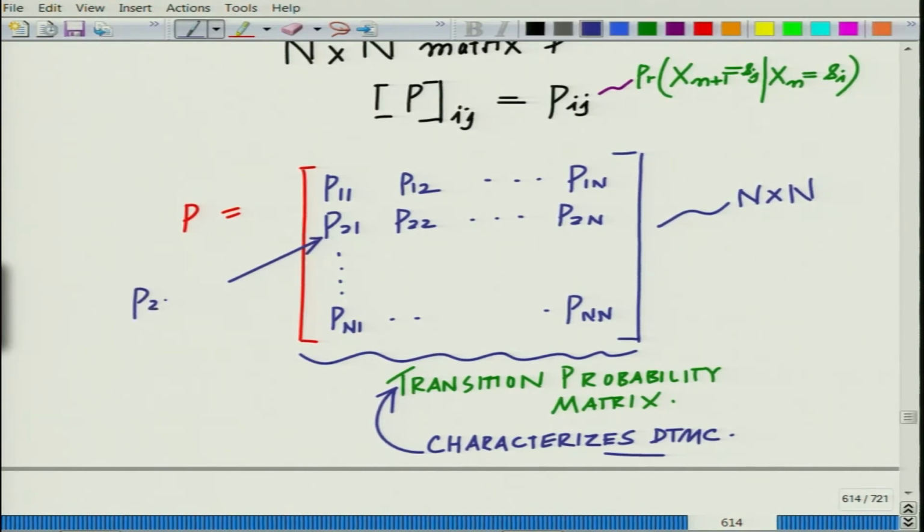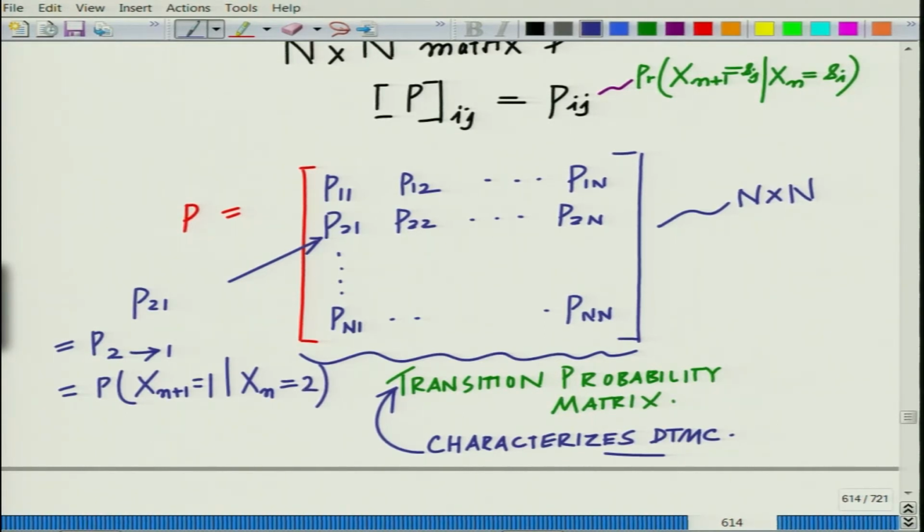P21 is the probability of transition from state 2 to state 1, that is, the probability that Xn plus 1 equals 1 given Xn equals 2.